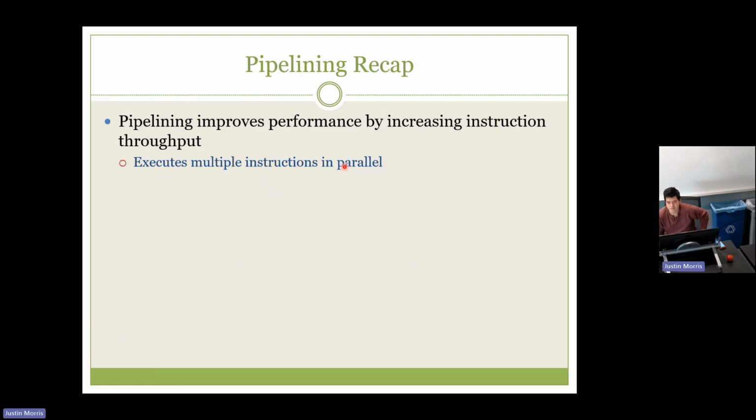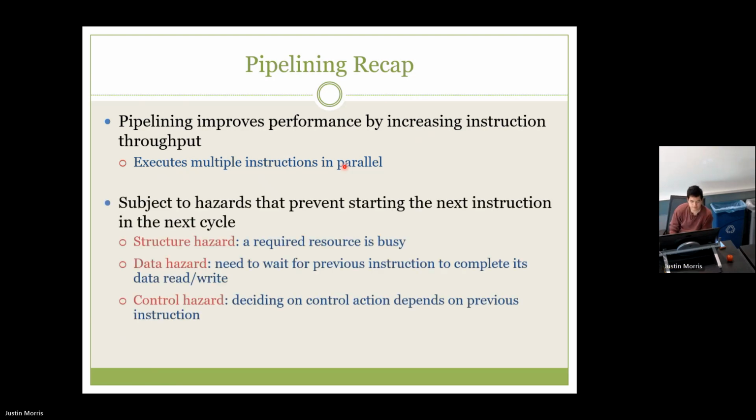So in a 5-stage pipeline, that is 5 instructions. We are not always going to be fully utilized, but that is the goal, right? But this is subject to hazards that prevent starting the next instruction in the next cycle, right? Structural hazards. We talked about how this would occur. But for our simple pipeline, this does not occur, right?